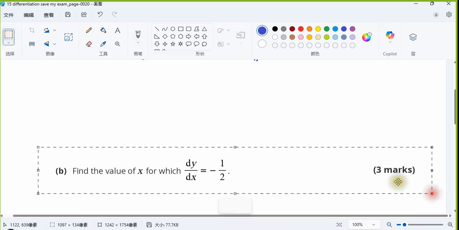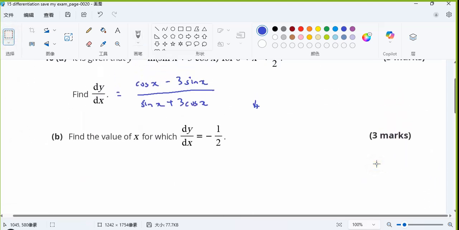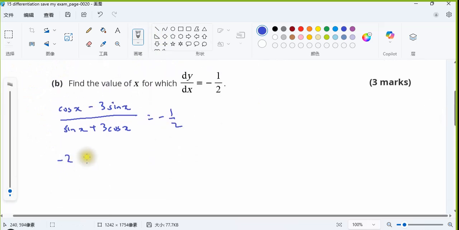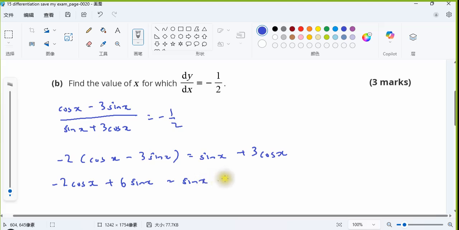Find the value of x when the dy dx equal to negative half. So we have this equal to negative half. So we will have negative 2 cos x minus 3 sine x equal to the sine x plus 3 cos x. So negative 2 cos x plus 6 sine x equal to the sine x plus 3 cos x.